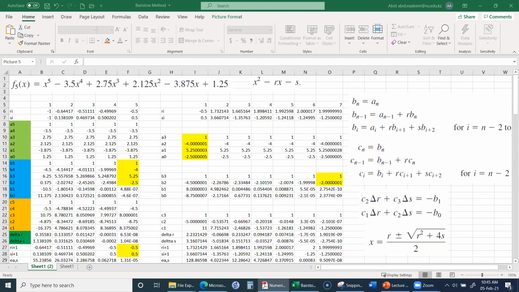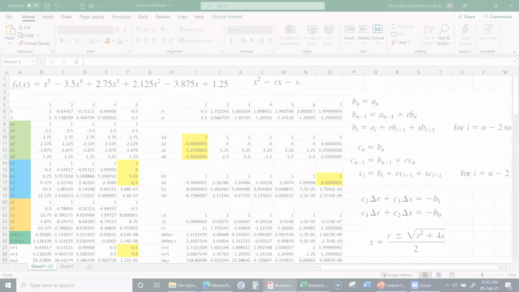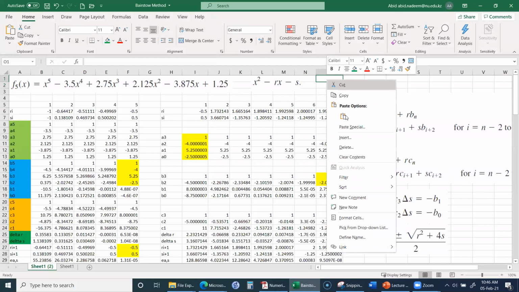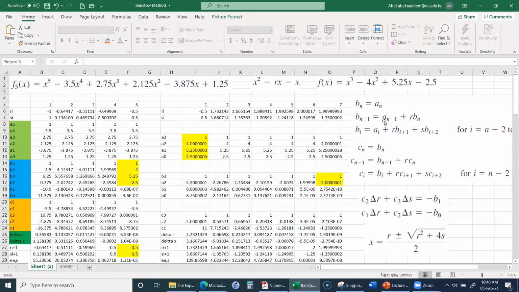Let me copy it here. This was the third degree equation.